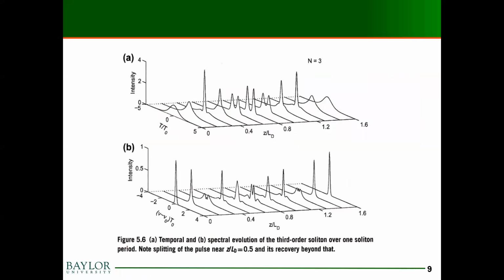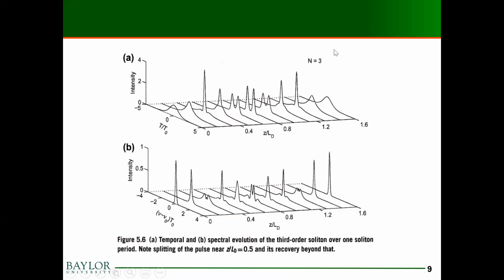Okay, so here's the soliton propagation, and you can have n equal to 1, n equal to 2, n equal to 3. What is n? It's t naught squared times gamma p over k naught double prime, right? So if you have n equal to 1, then you will preserve the shape.